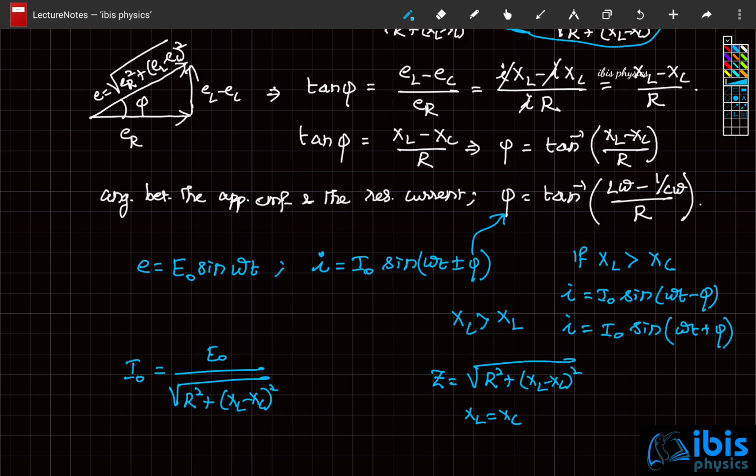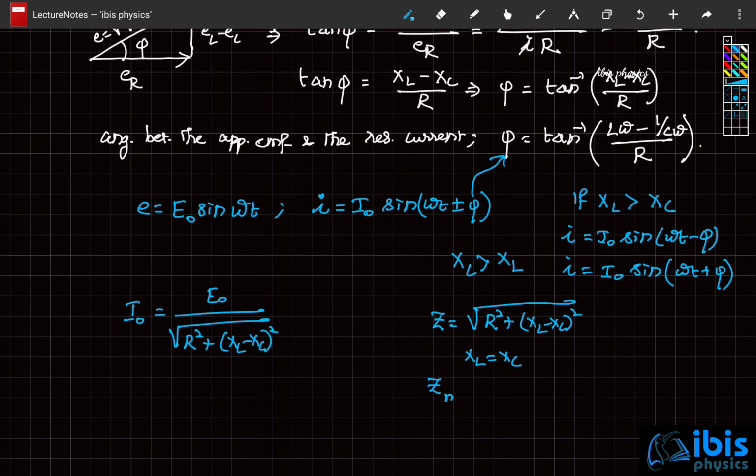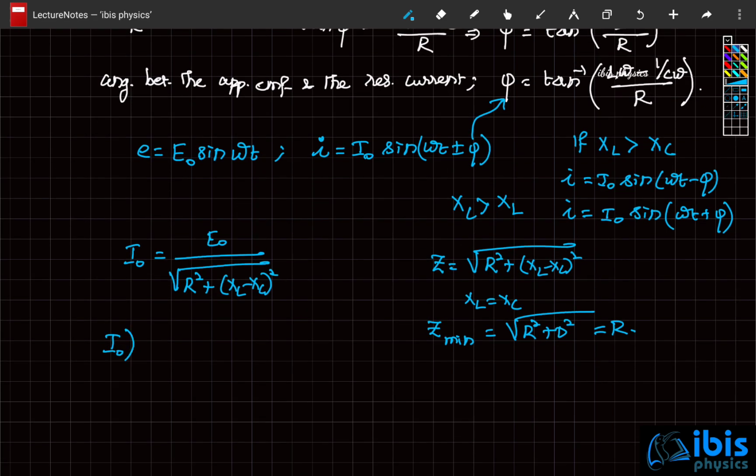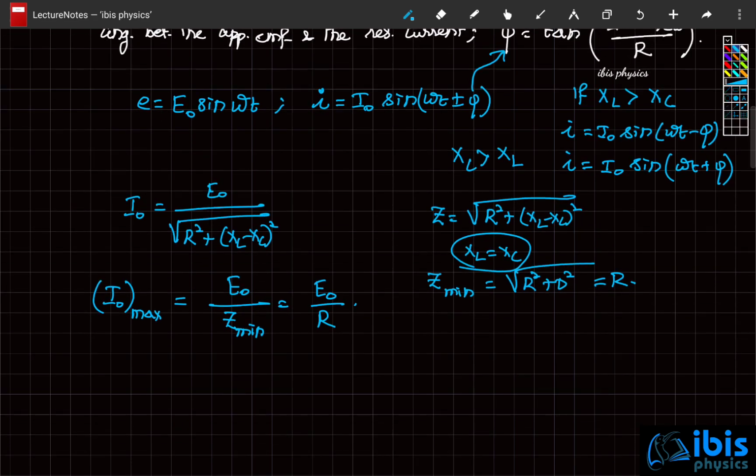When XL is equal to XC, this term becomes 0 and impedance is minimum. So the minimum impedance equals square root of R square plus 0 square, which is R. So the maximum possible current, I naught's maximum value, will be E naught by Z minimum, that is E naught divided by R. This is the maximum possible current in the LCR circuit, and it happens when XL is equal to XC.